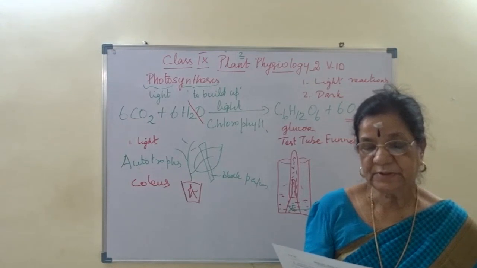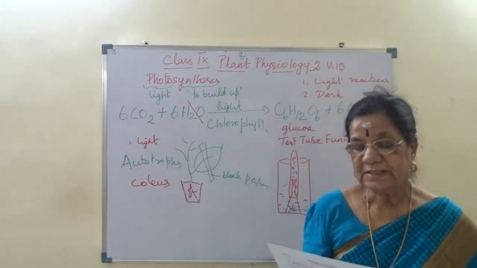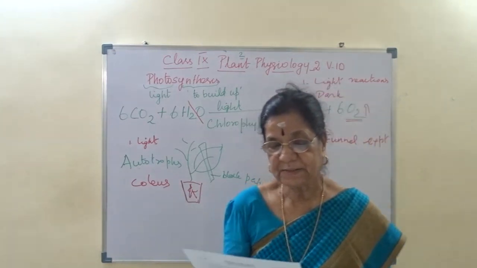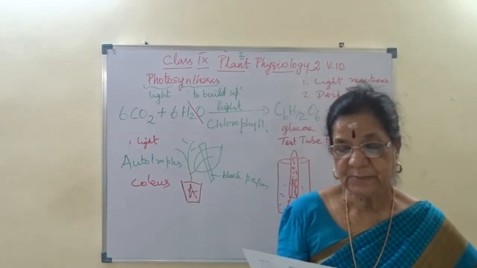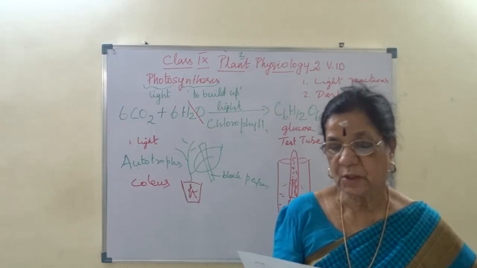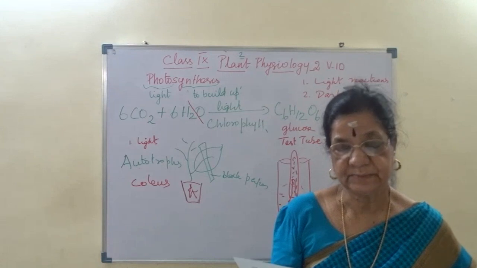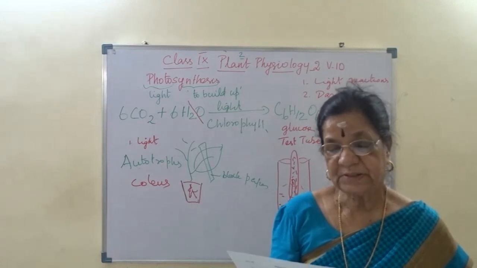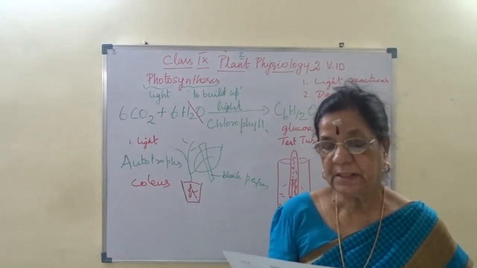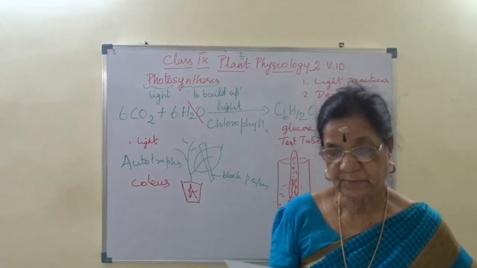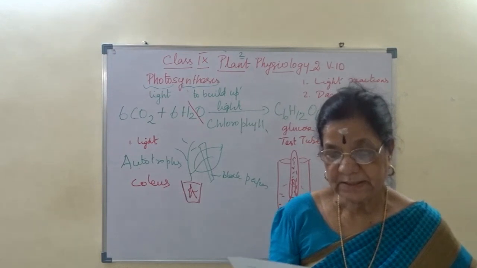Then differentiate between wood fiber and bast fiber. Xylem fibers, also called wood fibers, are elongated, lignified and pointed at both ends. Phloem fibers are bast fibers.